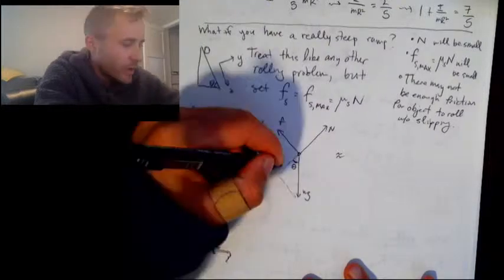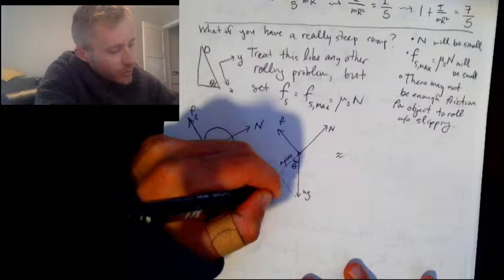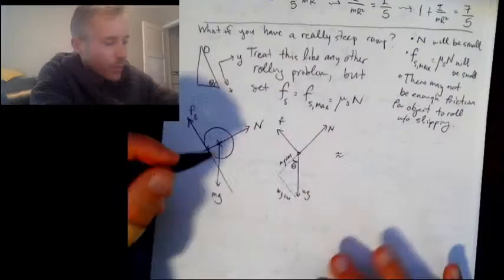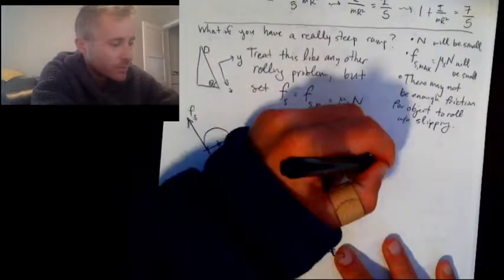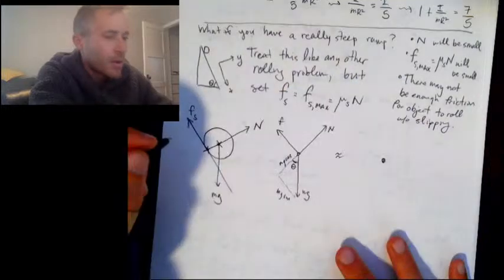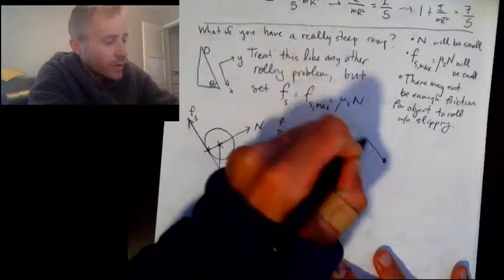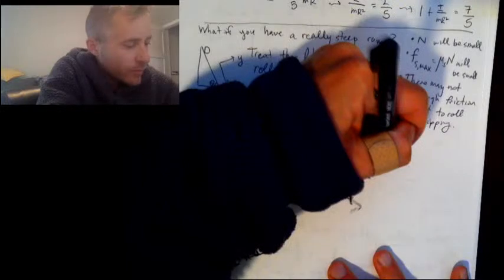This would be mg cosine. This would be mg sine. So I'm going to write this force as two forces, which is okay to do. So I have, again, static friction going this way. I have normal force going this way.